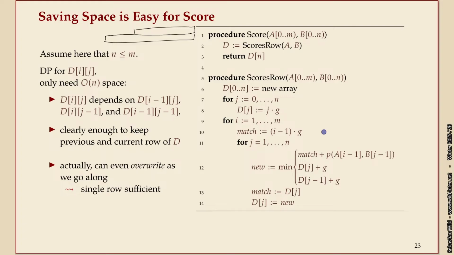So if you care for the details, they're spelled out here. We have a single row, and depending on which index we're currently at in the iteration, the entry is the current row or the previous row. You have to be a bit clever with keeping the match entry, which is the one that you're currently overwriting.